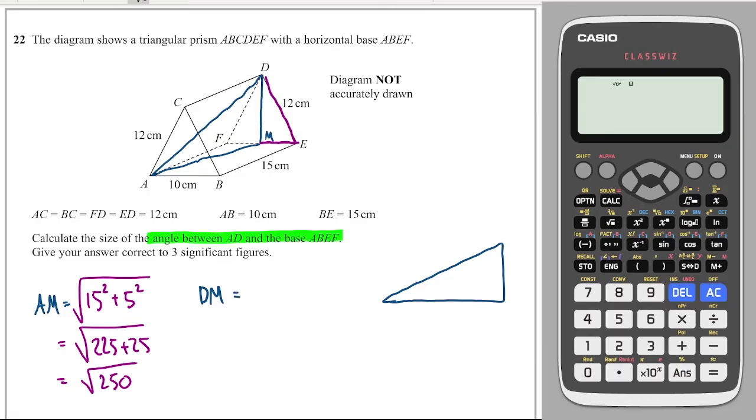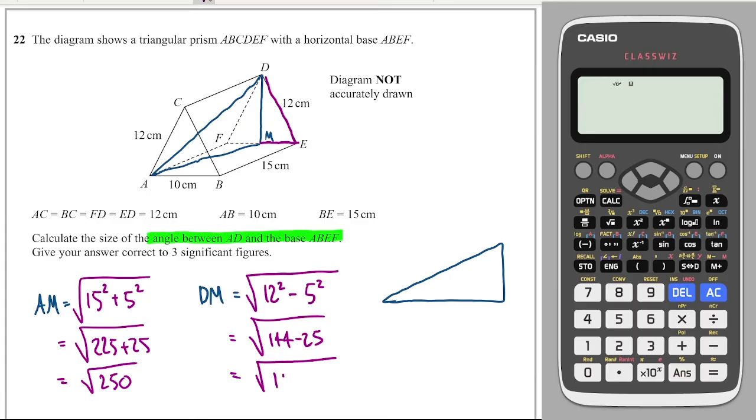So in this case, that's one of the shorter sides, so we have to take the hypotenuse squared, which is 12, and then minus the other shorter side, which is again 5 squared. So that is the square root of 144 minus 25, which is the square root of 119.